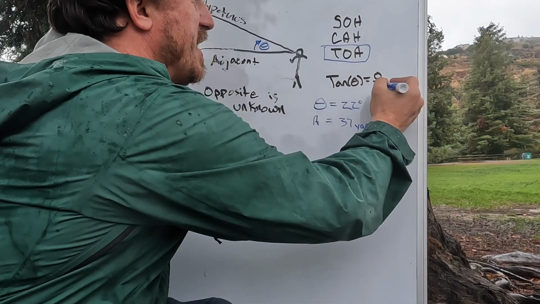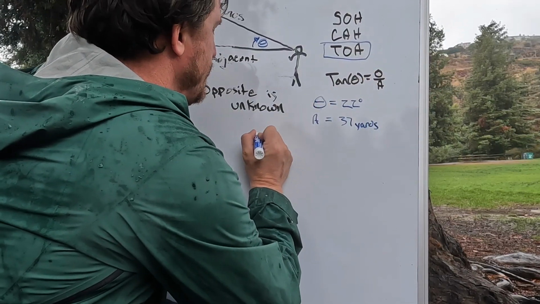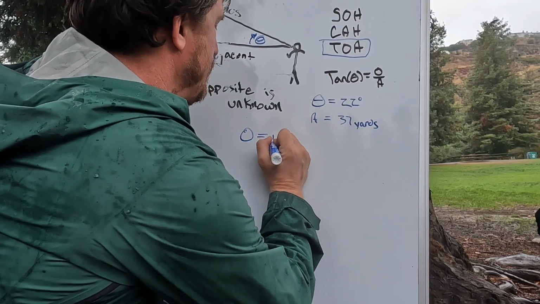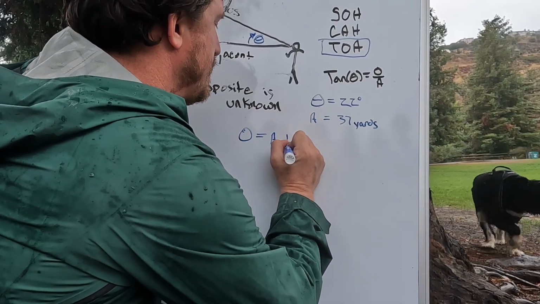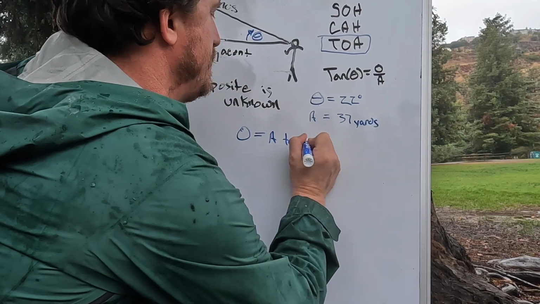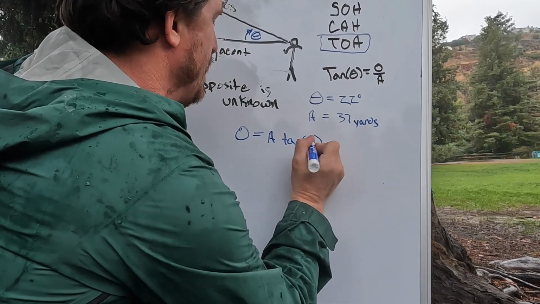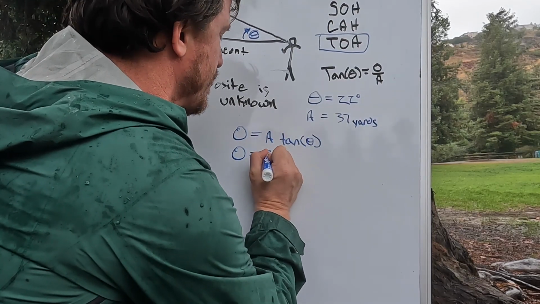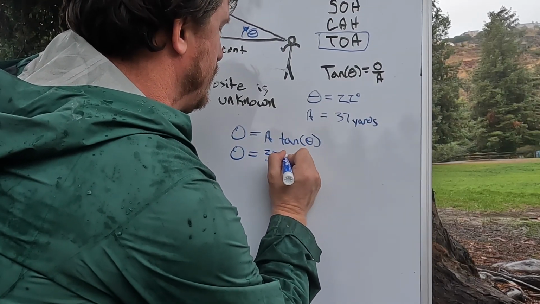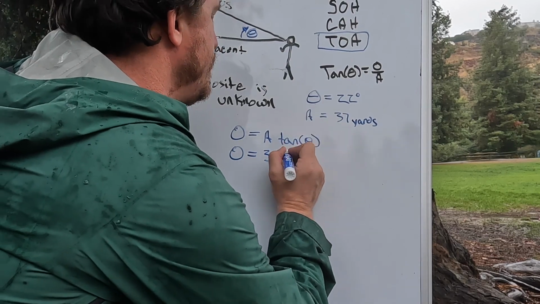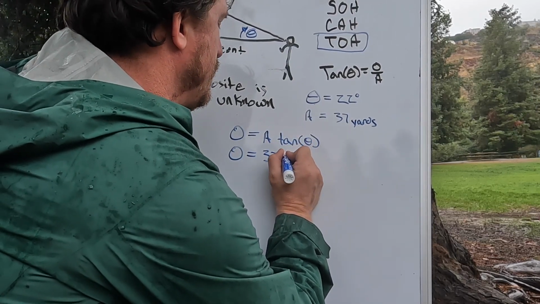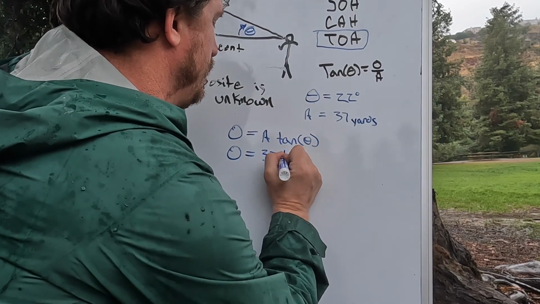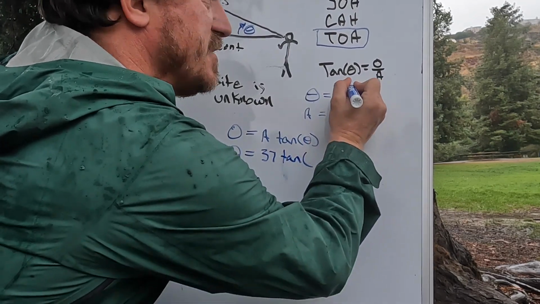Remember, we're going to multiply adjacent by both sides, so we're left with the opposite equals the adjacent times the tangent of theta. Now let's plug it in. Opposite equals a, which is 37 yards, times the tangent of theta, which is the tangent of 22.